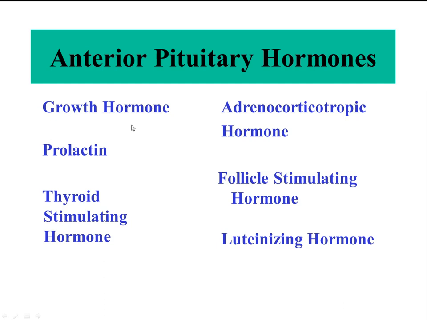Growth hormone is produced by one type of epithelial cell in the anterior pituitary. Prolactin is produced by another type of epithelial cell. Thyroid stimulating hormone, TSH, is produced by a third type, and adrenocorticotropic hormone by a 4th type, and then a 5th type produces these 2 hormones. Okay?